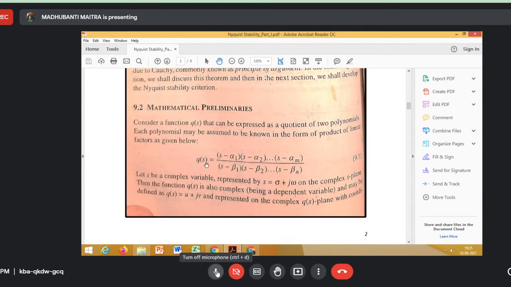Pole zero cancellation: if alpha 1 is equal to beta 1, then this term will cancel this term, but the rest of the terms are present. So we can put the value and we can find out the value of Q(S). So that is not the answer.